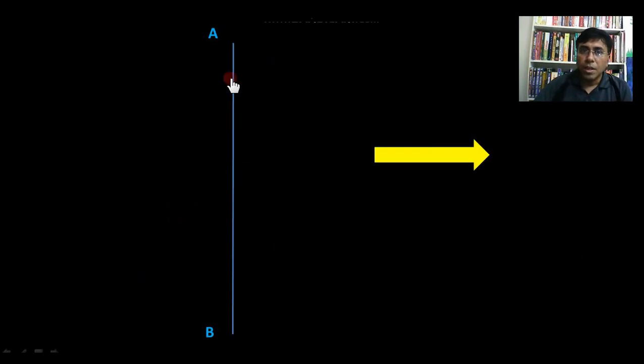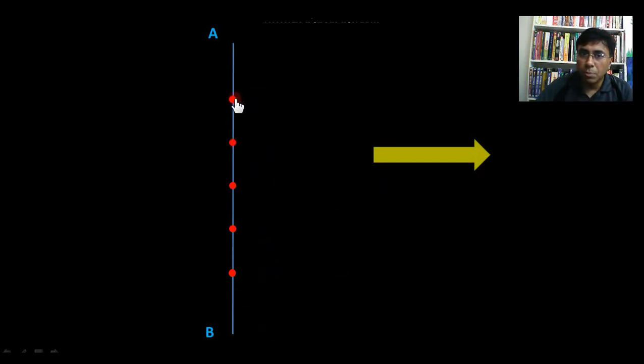Similarly, if I need to know the position of the wavefront after time delta t due to this plane primary wavefront, then again I apply the principle of superposition. This is the direction of the progression of the wave and these red dots represent the points lying on this primary wavefront.